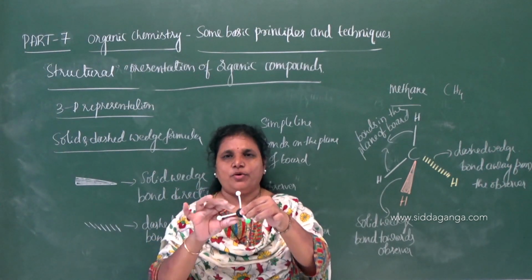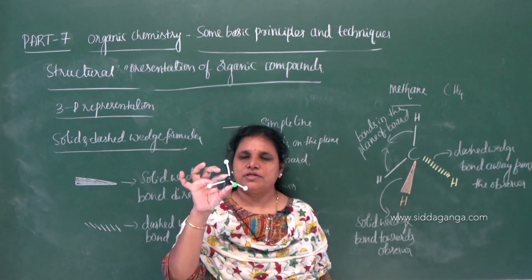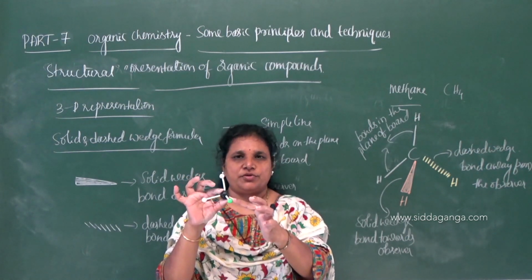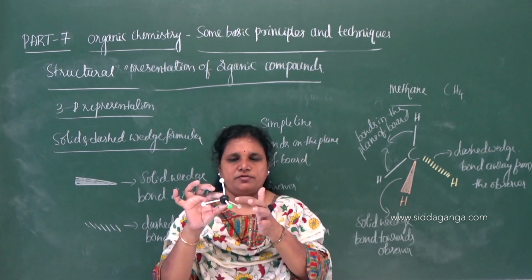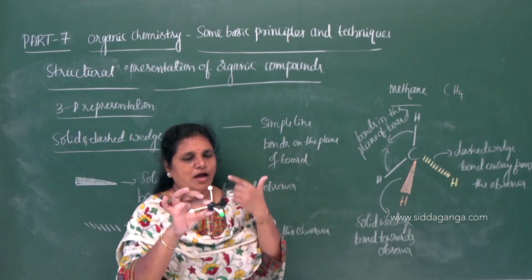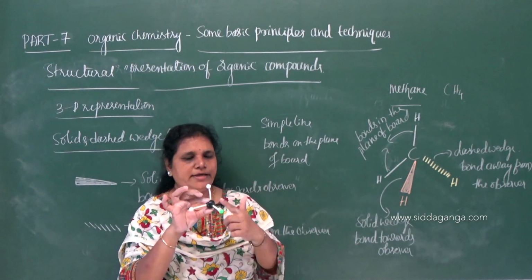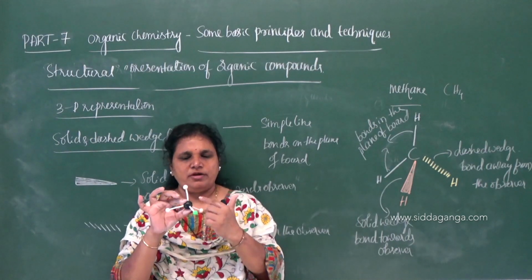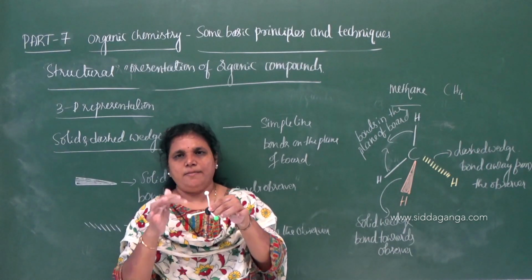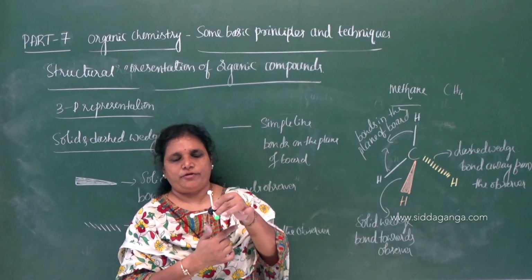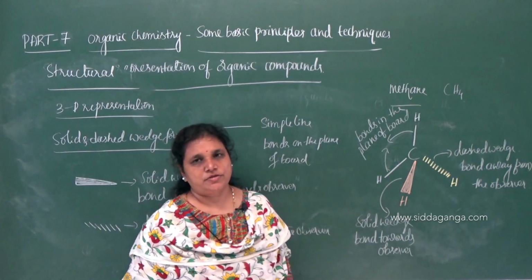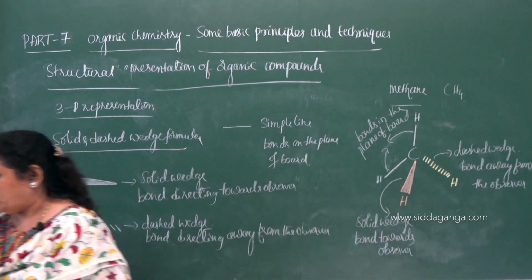In that way, you can give the 3-dimensional representation of a molecule. This bond is solid wedge, towards the observer, projecting to the front of the plane, and this is dashed wedge, away from the observer, pointing behind the board. So this is the 3-dimensional representation of the methane molecule.